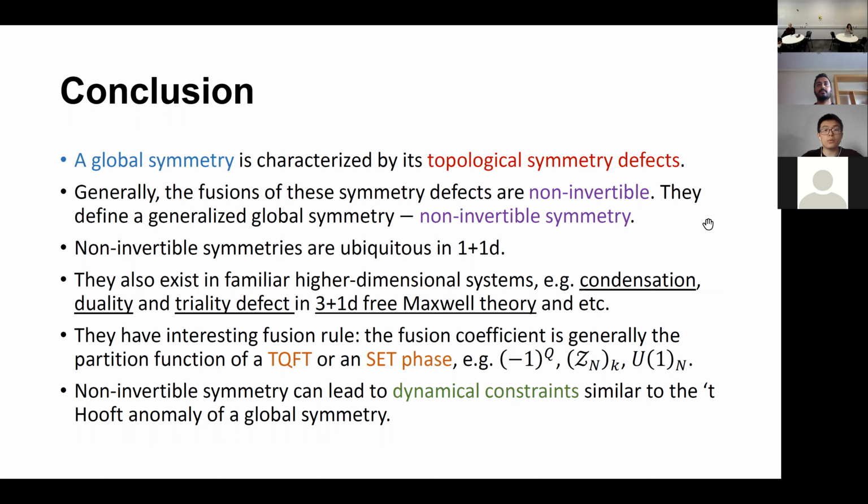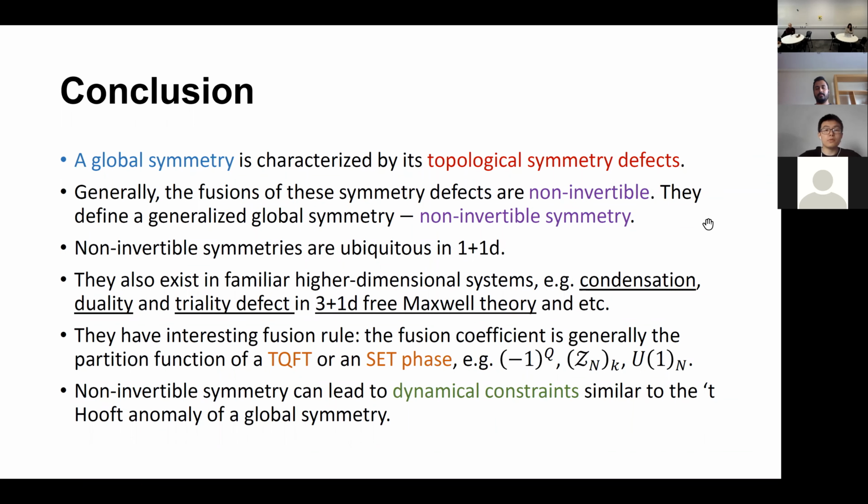In this talk, we show that they also exist in many familiar higher dimensional systems. For example, we discussed condensation, duality, and triality defects in 3+1d free Maxwell theory. They also exist in many other interacting theories, which I didn't discuss in the talk.